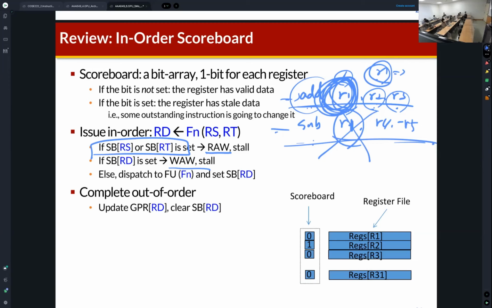The scoreboard of the GPU is also very simple, right? Because the GPU does not support any data forwarding. Also, the GPU does not support any speculative execution. That's why the scoreboard is also very simple.